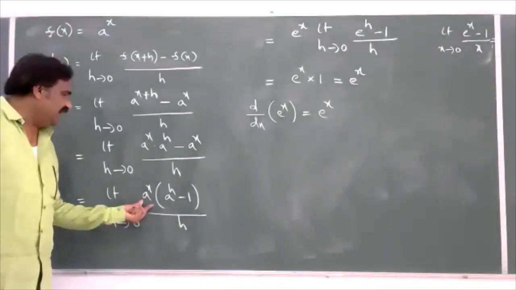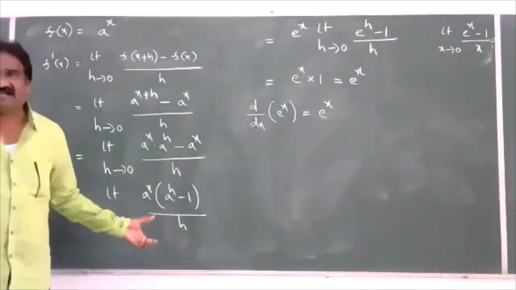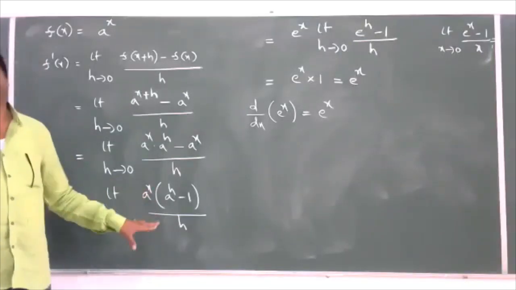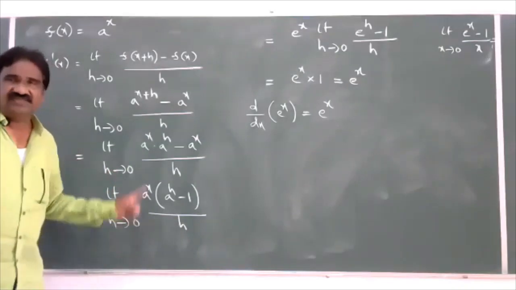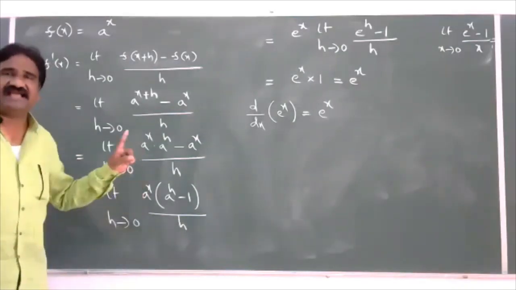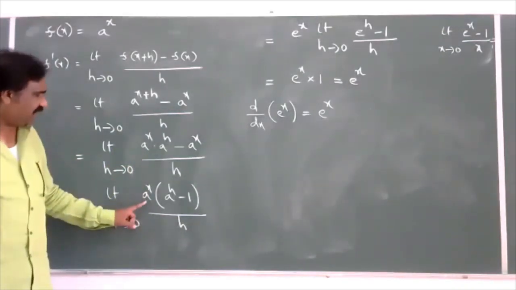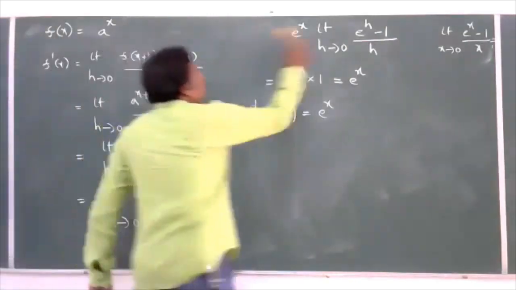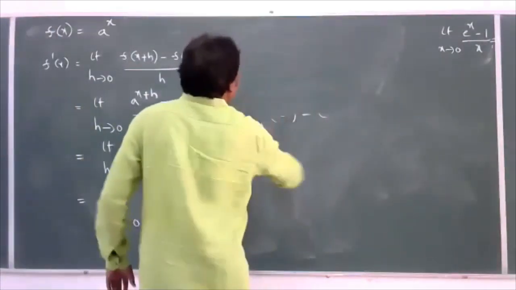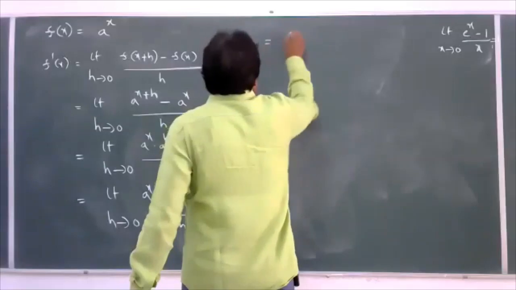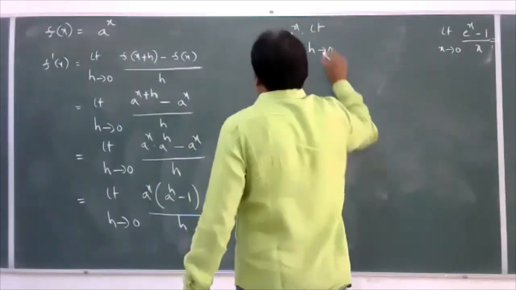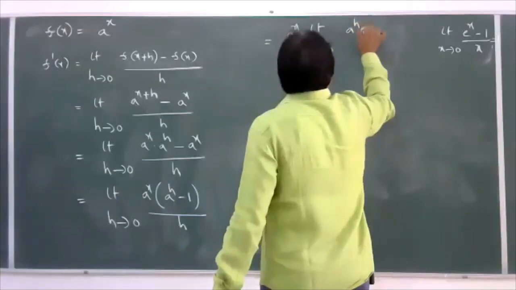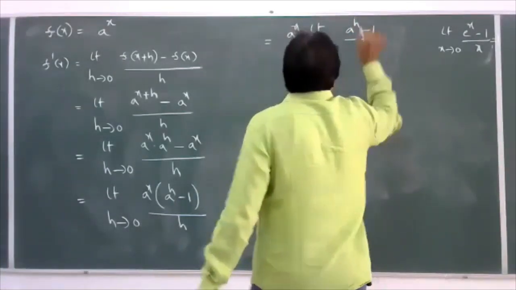That's why we treat a power x as a constant. Why? Because the limit depends on h. You write a power x outside. So that is equal to a power x into limit h tends to 0, a power h minus 1 by h.